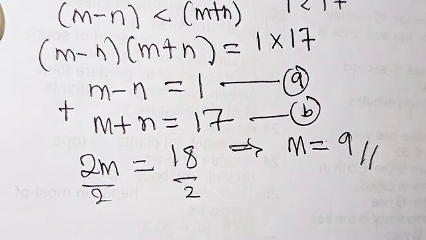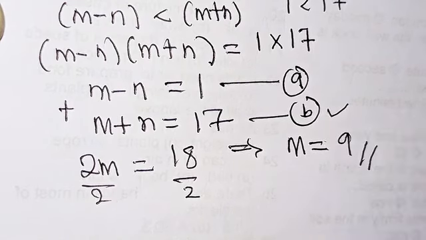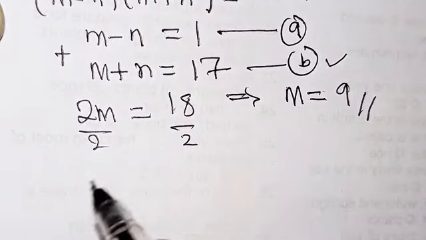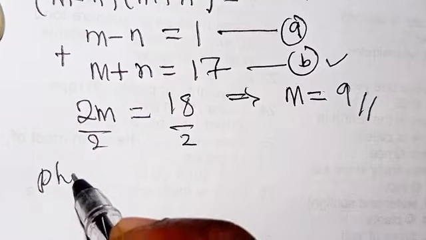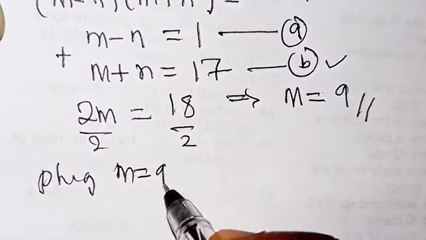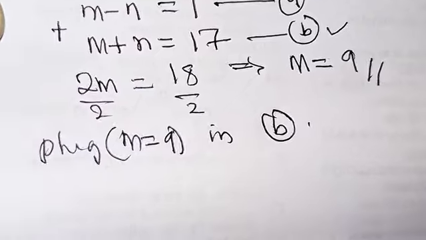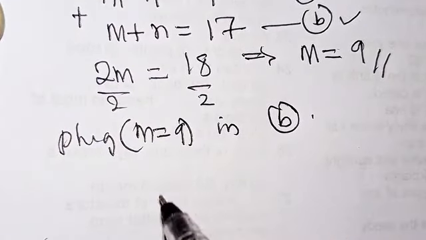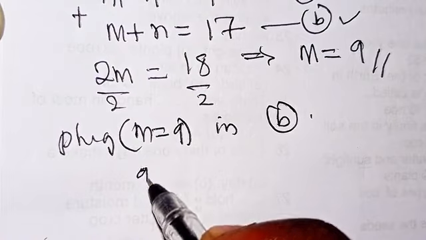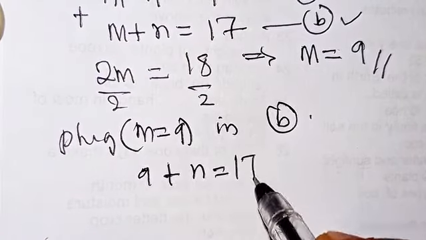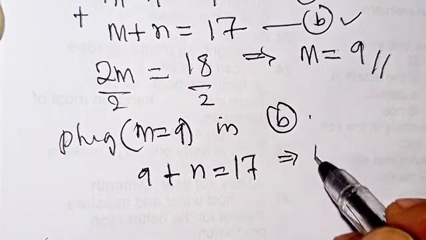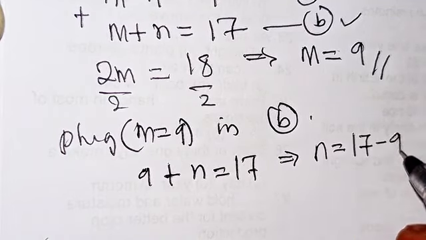So now let's go further. Since we have m equals 9, I want to use equation B. So I'm going to plug m equals 9 in B. So we're going to have 9 plus n equals 17, which implies that n equals 17 minus 9.